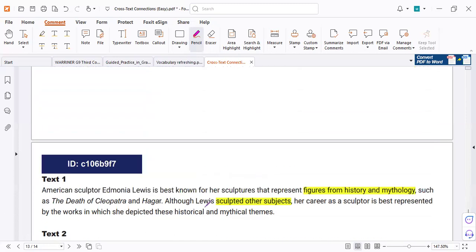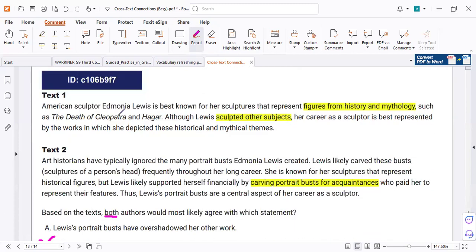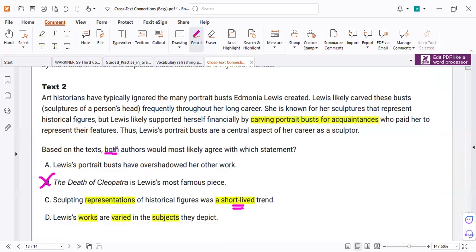Okay, it could be an example of text 1. Yes, correct, but I need both of them. Is it mentioned here? No. So be careful about both of them. Feel it? Again, yes, let's try and be careful about these words.